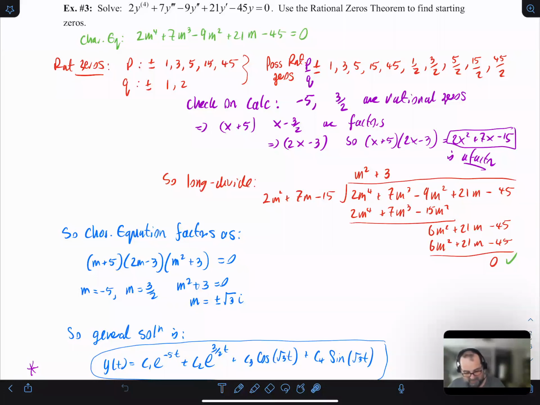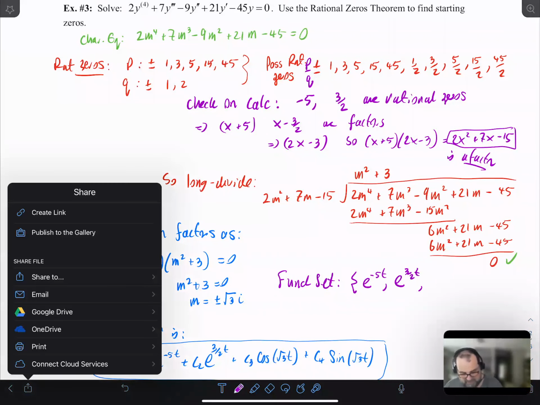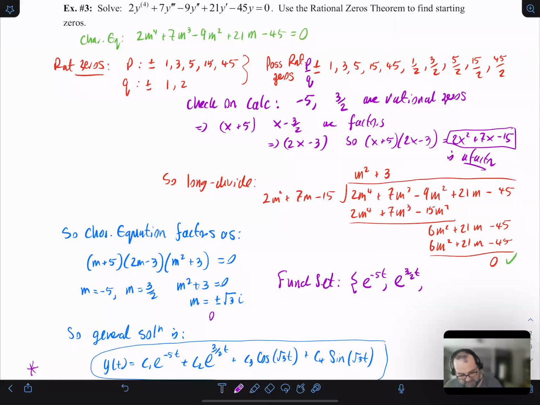We have a fundamental set of solutions. I have root was -5, so there's an e to the minus 5t. There is a 3 over 2, so an e to the 3 over 2 t. And then we have a plus and minus root 3. So that is in this case here a 0 plus or minus root 3i.